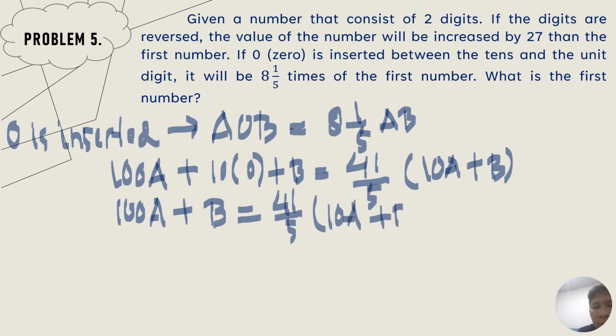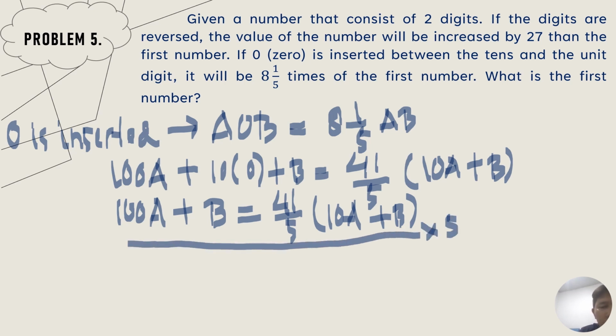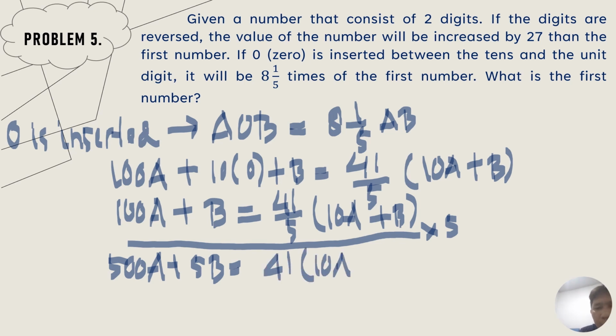plus B. To make it easier, we're going to multiply all with 5. Then here we have 500A plus 5B equals 81 times 10A plus B. So here we have 810A plus 81B.